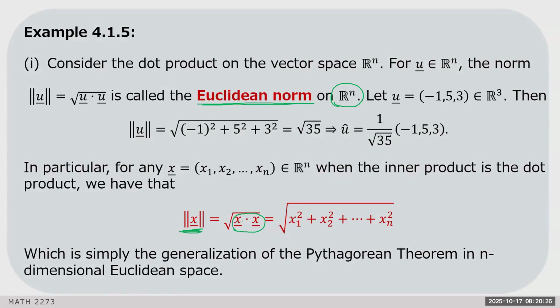So the norm of a vector in Rn is the dot product of the vector with itself, and whatever number you get, you square root it. If we were in R squared, we just have two components, so we have the square root of x1 squared plus x2 squared, which you know is Pythagoras' theorem.